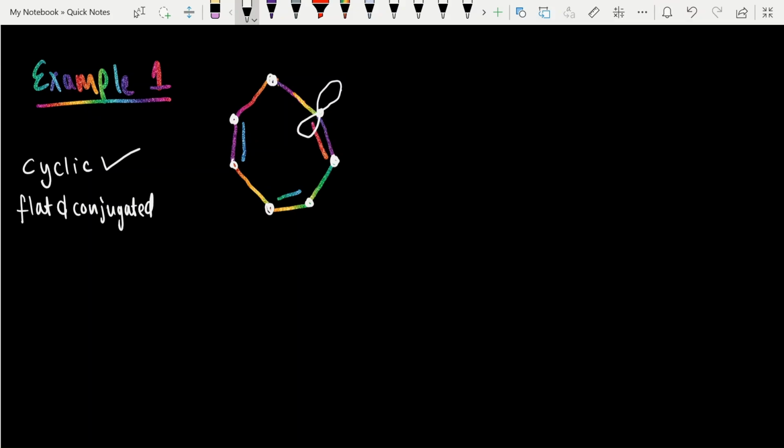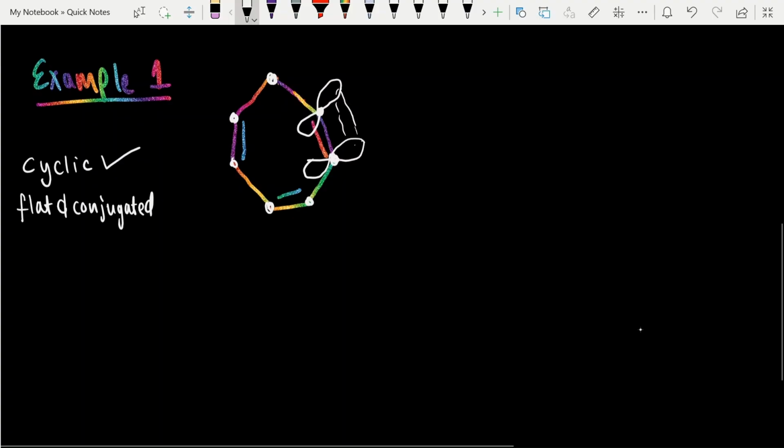So if you have your p orbital being there, and let's say here we have another p orbital, let's put it, I'm such a bad artist, right? We know that there's going to be overlap here, and that's a pi bond. So we need every corner to have a p orbital so that we can have these pi bonds. We want to have these pi bonds, and we want to have overlapping, sideway overlapping. That is pi bonds. So we need the p orbital.